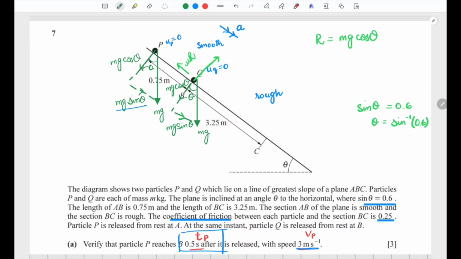So instead of solving it, just put this theta over here. So mg, we know, is 10m. So cos of sine inverse of 0.6 will give you mg times 0.8. And this will give you 0.8 times 10 would be 8m. Okay, so your R is 8m now.